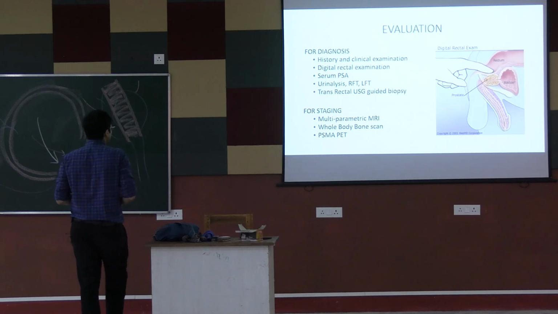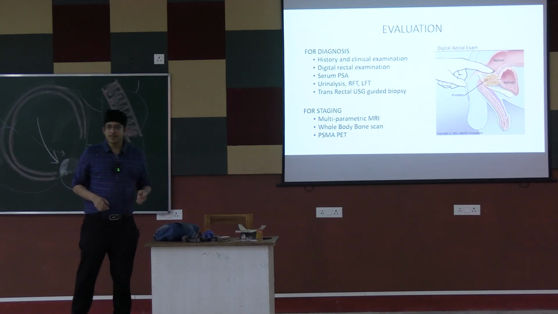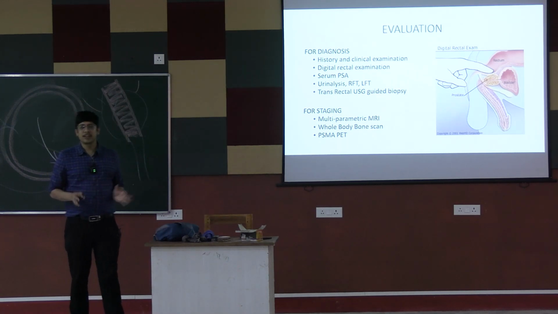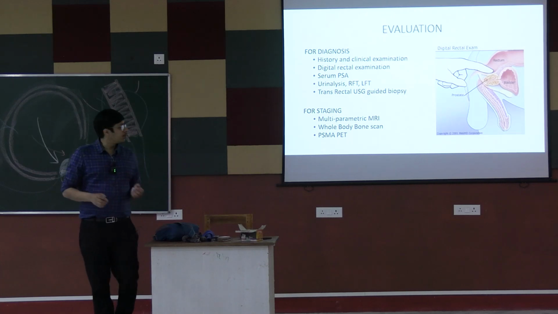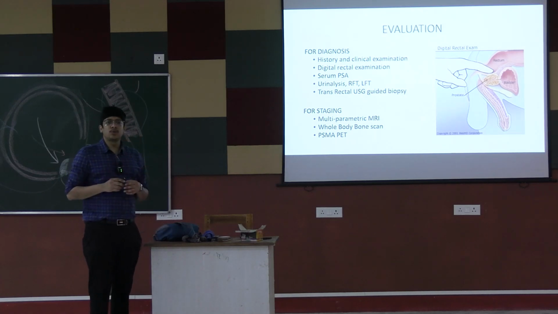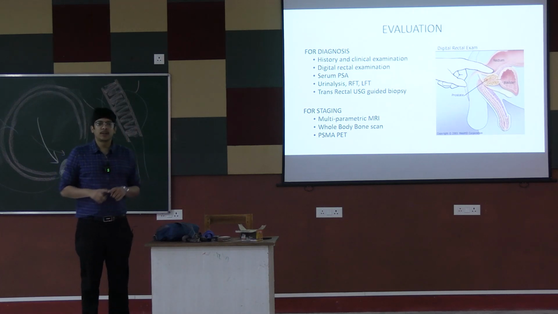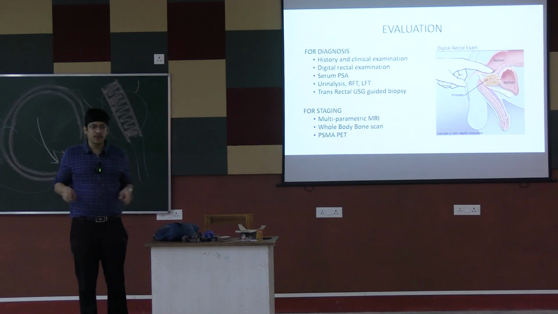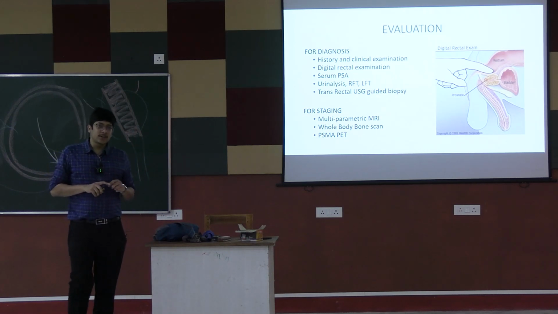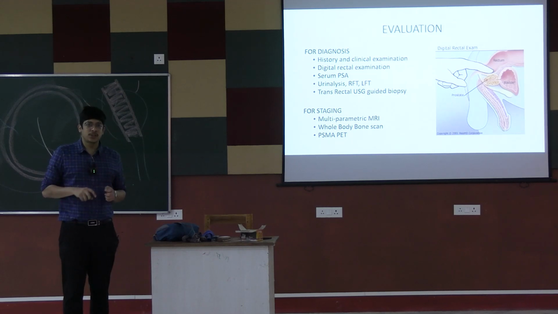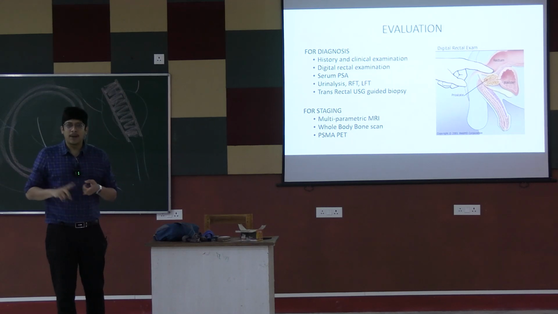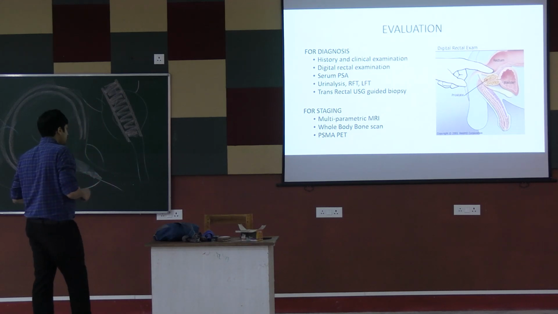We do local staging by a multi-parametric MRI. To be specific, we do a contrast MRI of the prostate gland to see whether there is a local spread of the disease, and what is the relation of the disease to the seminal vesicles, pelvic wall and other local structures.